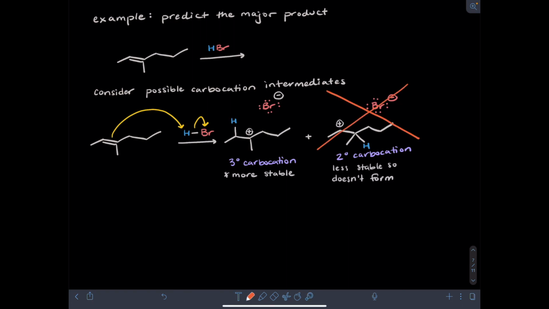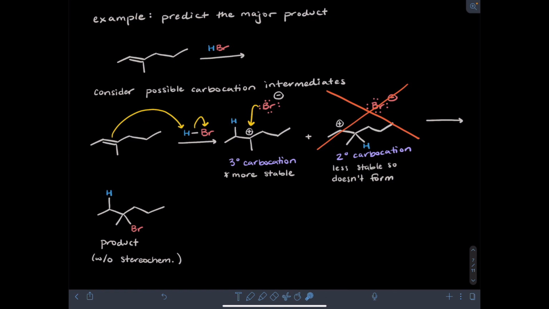The tertiary carbocation is more stable, so that's the intermediate I will form, and I would not form the less stable carbocation intermediate. So to predict my major product, I just need to think about the nucleophilic attack of the tertiary carbocation. Imagine bringing in your bromide nucleophile to this tertiary carbocation center.